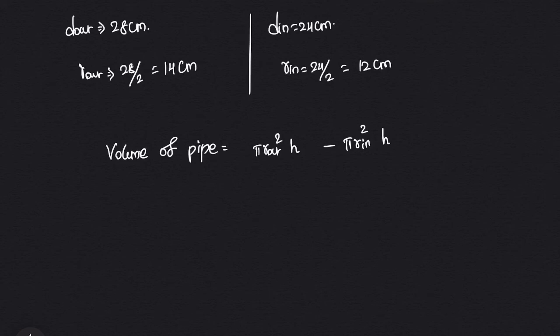Here pi is common and the height is the same, so just take them out. So 3.14 multiplied by the height 35. Using pi as 22 divided by 7 or 3.14, both are the same values.